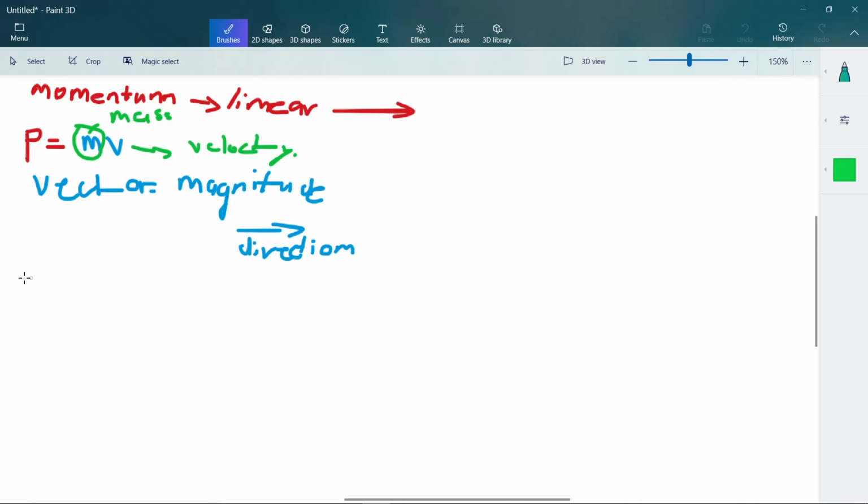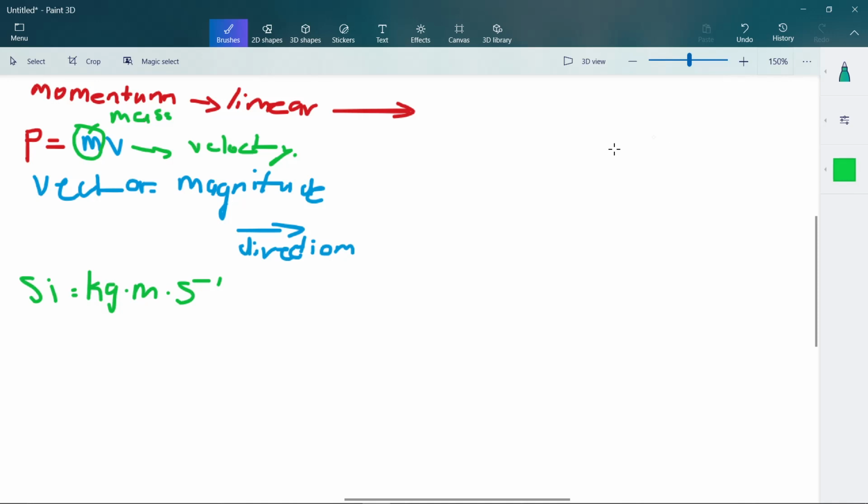The SI unit of momentum is kilogram meters per second, which comes from the SI unit of mass, kg, and the SI unit of velocity, meters per second.